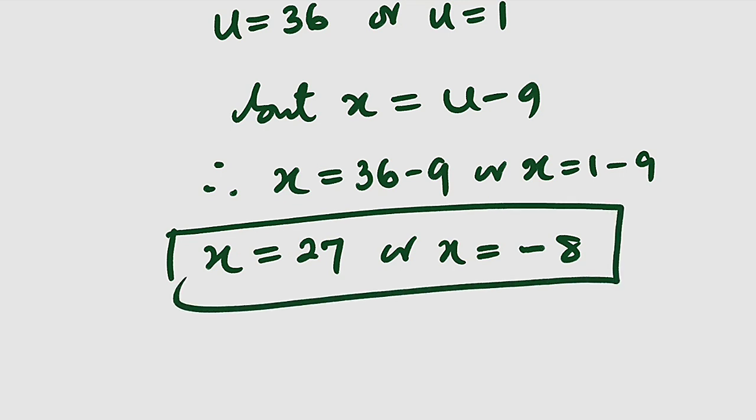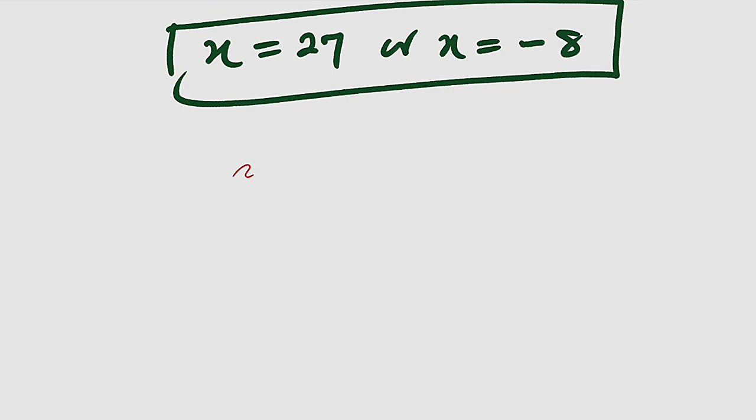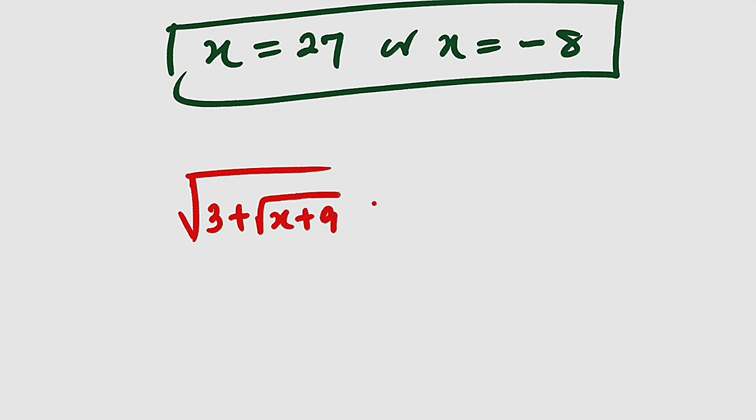Remember, if you are solving a radical equation, you could obtain an extraneous solution, a real solution, or what? An imaginary solution. So let's take the original equation. I think I can even write it up here. The original equation was the square root of 3 plus square root of x plus 9 equal to what?